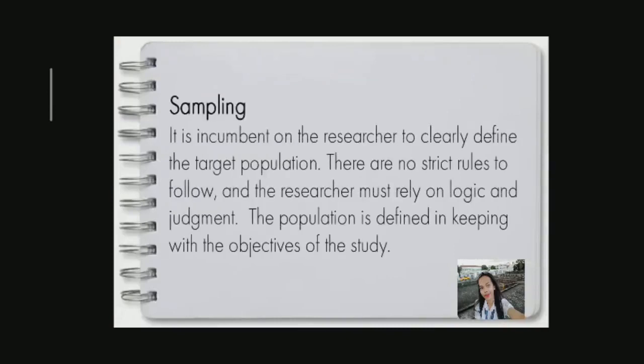The next one is sampling. It is incumbent on the researcher to clearly define the target population. Sometimes the entire population will be sufficiently small and the researcher can include the entire population in the study.